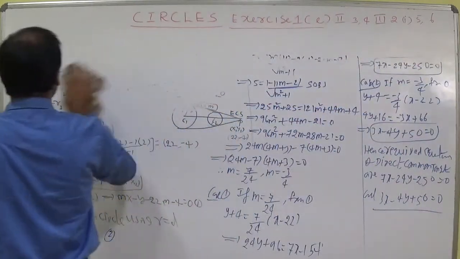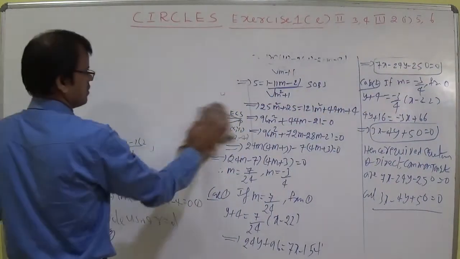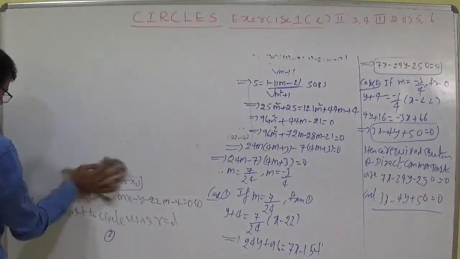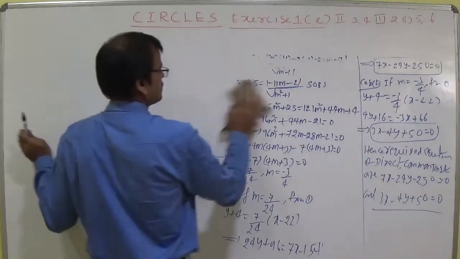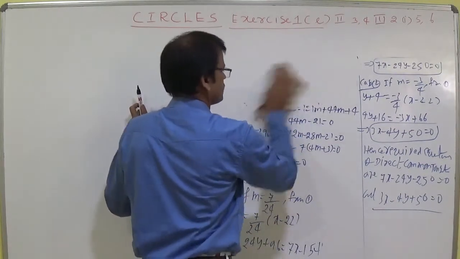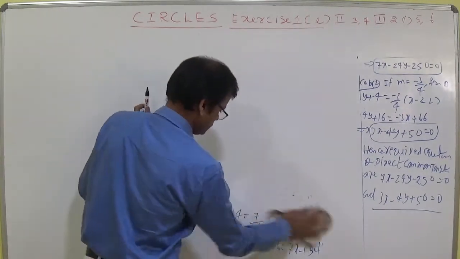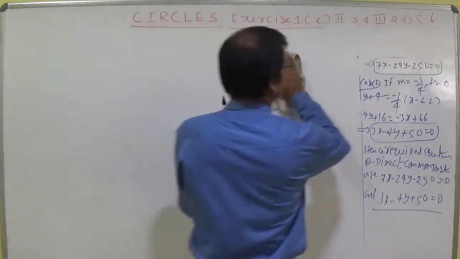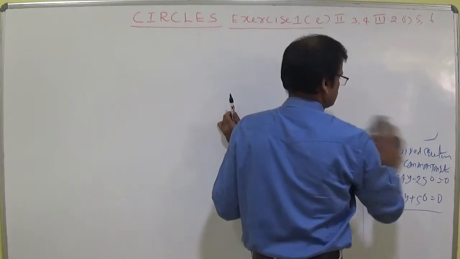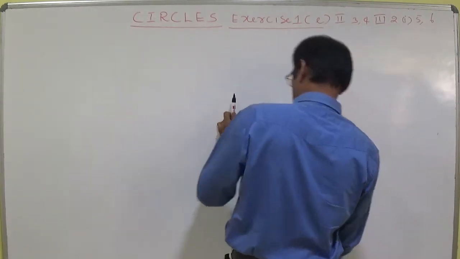There he asked, exercise, maybe TCT means transverse common tangents. Find the transverse common tangents of the circles.